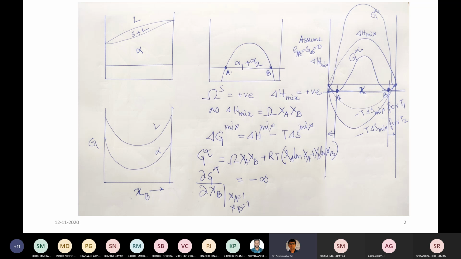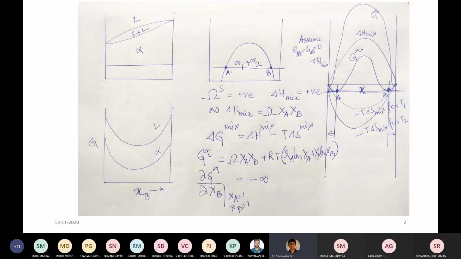If you want to see the miscibility gap here, we have to understand how this free energy curve is going to change. The difference between the normal isomorphous system and the miscibility gap system is that there is a positive interaction between A and B, meaning the interaction parameter of the solid is going to be positive here.